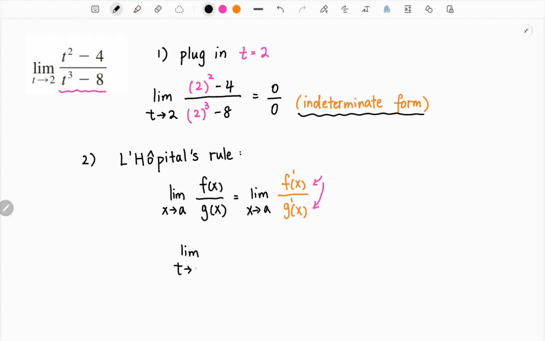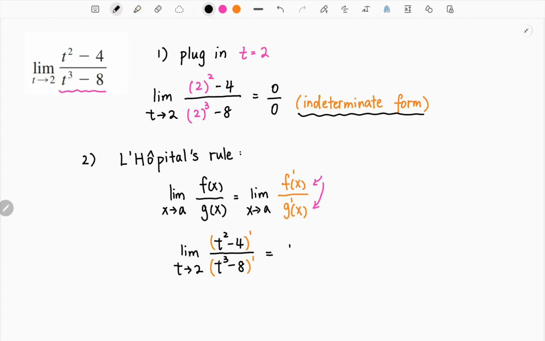Limit as t goes to 2 of t squared minus 4 over t to the third minus 8. And we want to take the derivative of both the top and the bottom.